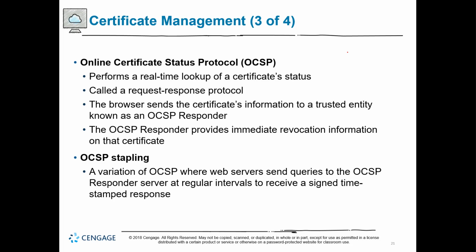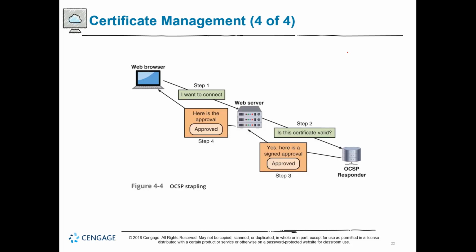So OCSP will actually have a stapling, which is a variation of the OCSP, where the web server sends queries to the appropriate OCSP responder server at regular intervals. So instead of having to request them, we can get an up-to-date list that way. So these are called stapled responses.